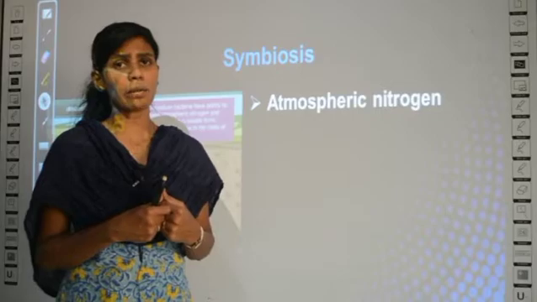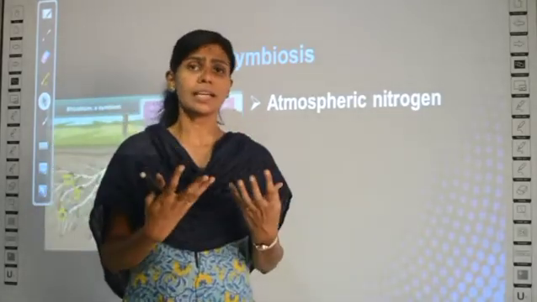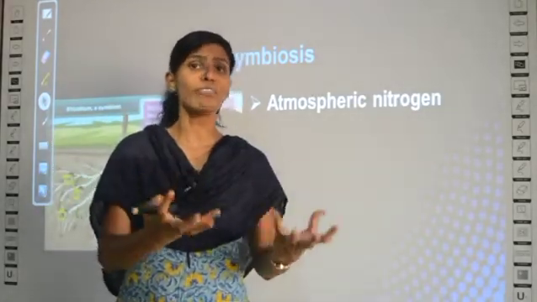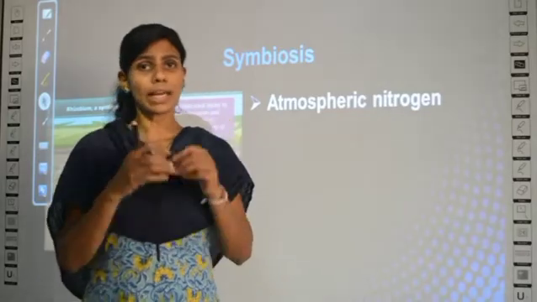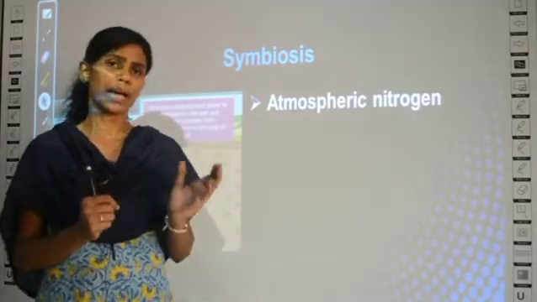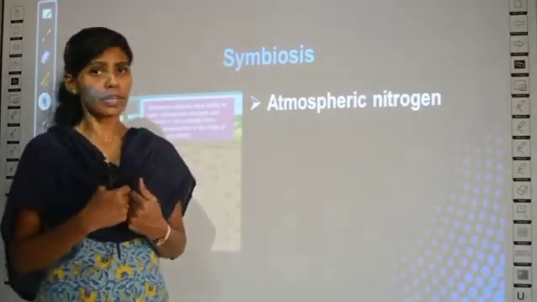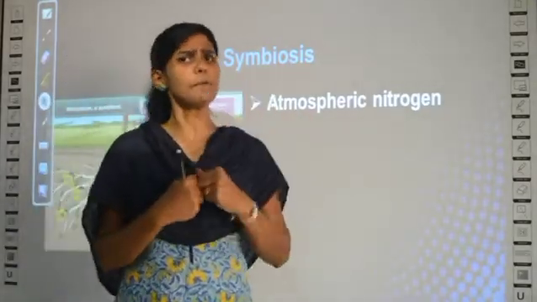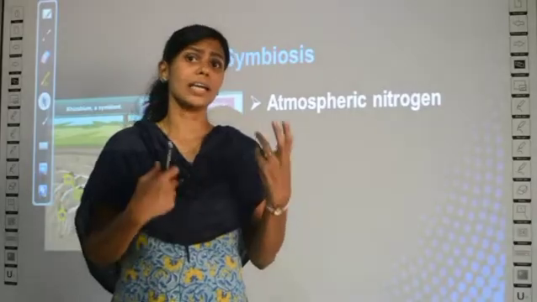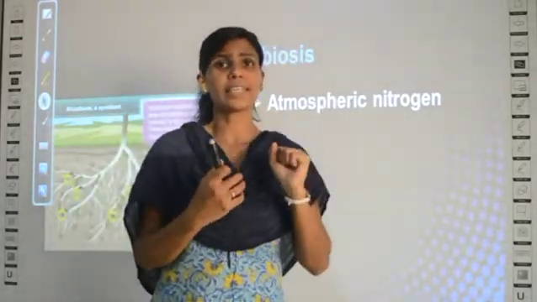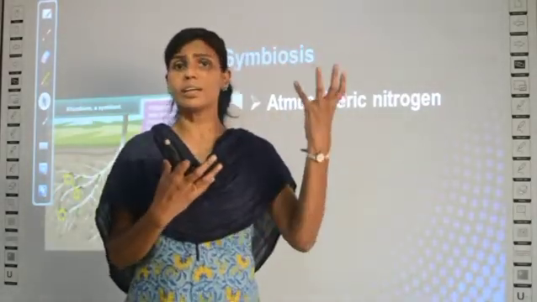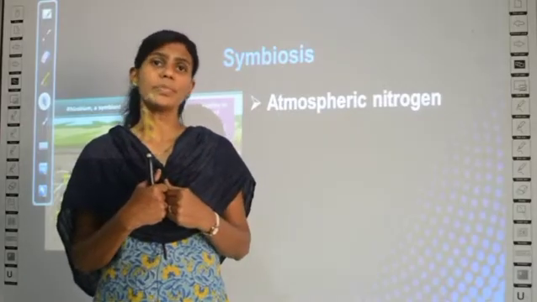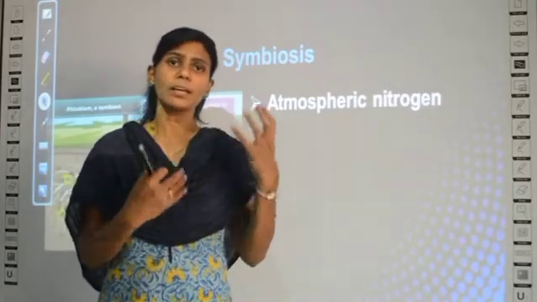Why does it take from the atmosphere? Because it does not have the property of taking up nitrogen fertilizers from the soil. This plant is poor in nitrogen uptake from the soil. That's why it takes atmospheric nitrogen. But again, it cannot take a gas directly. The plant cannot take gases directly.